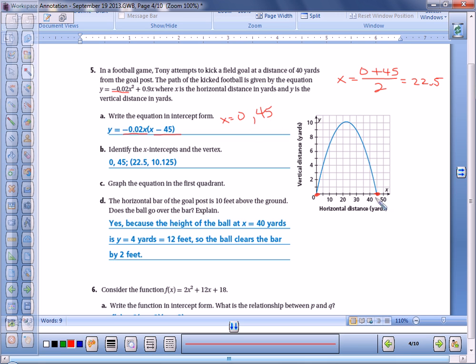So we know that's where this crosses. And to get the maximum, you can just add those two up and divide. We get that the axis of symmetry would be x equals 22.5, and we can plug that in to get the maximum value of the function. Definitely using a calculator on this one, because I'm squaring the 22.5 and multiplying it by -0.02. And then we get that as our y value.